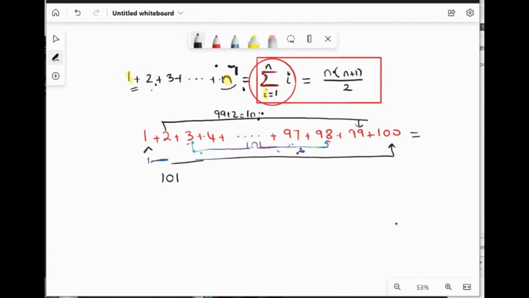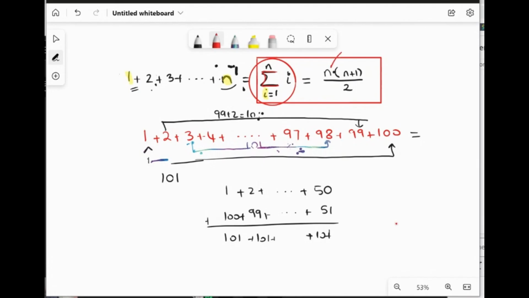How many of them are there? So if you keep going from 1 to just 50, and then if you go in the reverse order, 51, 52, 53 until 99 and 100, the sum of each pair will be 101. So the number we go up to is 100 in this case, times 101, divided by 2.